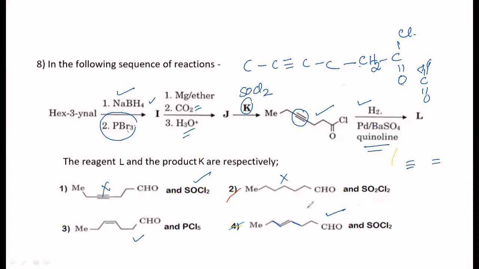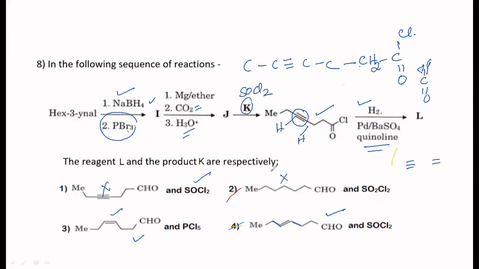But if reduction happens on the surface of the catalyst, addition must happen from the same side. So you always get a cis isomer, isn't it? If it is a cis isomer, then this is cis, isn't it? Yes. Any doubt here?